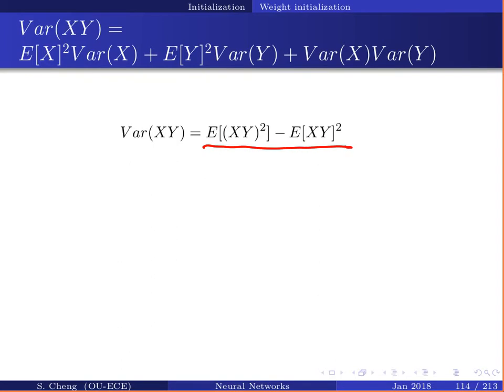Remember this equation? You should have learned it in some probability or statistics class. If not, remember how variance is originally defined: the variance of W is equal to the expectation of W's squared deviation from its mean, right?